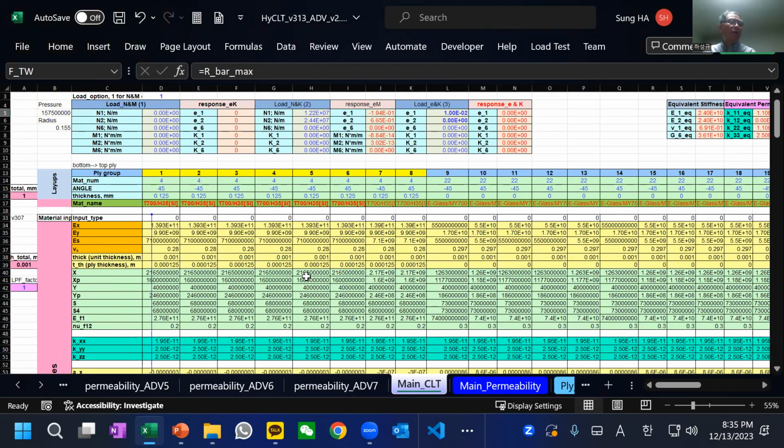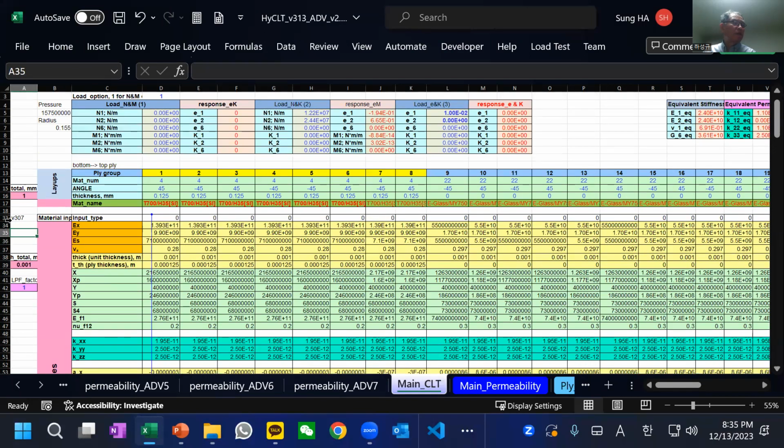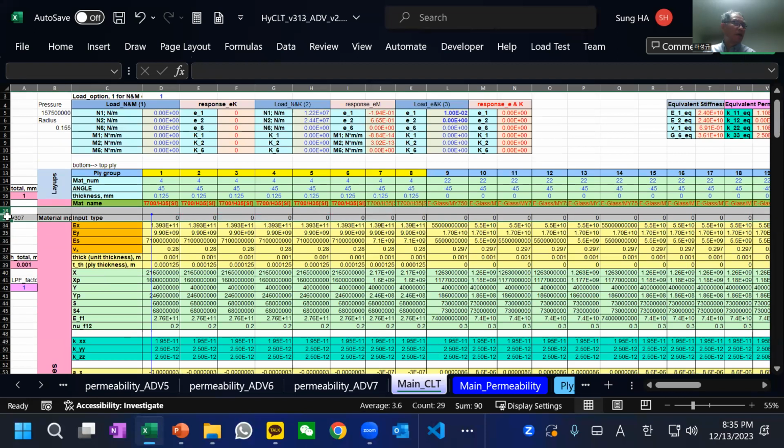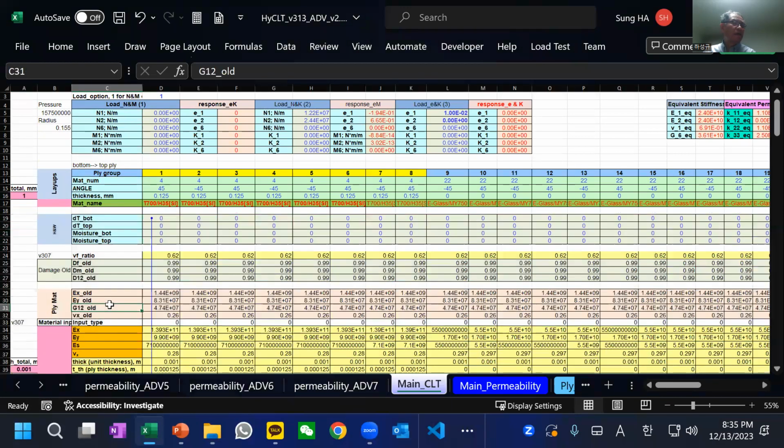Now we'd like to specify the temperature, and to assign the temperature, be sure to unhide, because here we have rows 18 to 33, and there are some hidden rows.